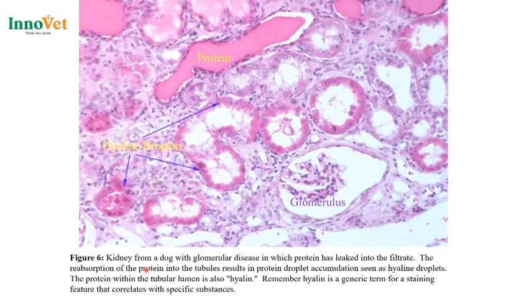The reabsorption of the protein into those tubules results in the droplet accumulation, seen as hyalin droplets. The protein within the lumen is called the hyalin. So remember, hyalin is a generic term for a staining feature that correlates with specific substances. So this is the hyalin or the hyalin droplets that we are seeing in this nephrotic tissue that has glomerular disease.